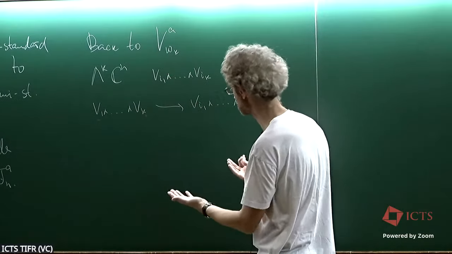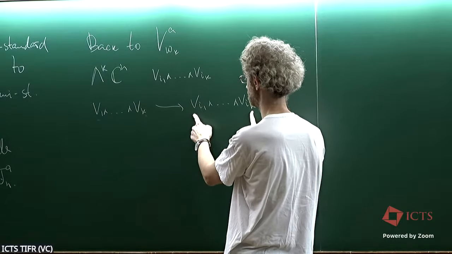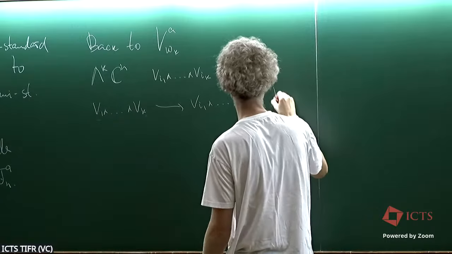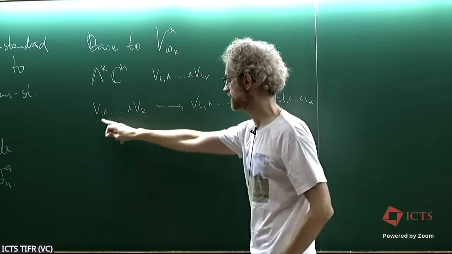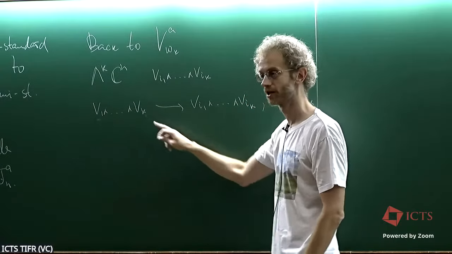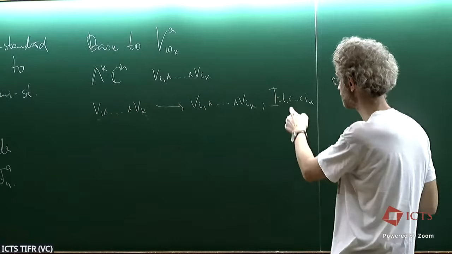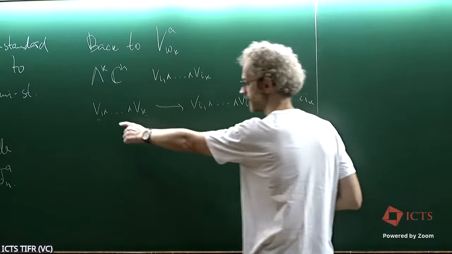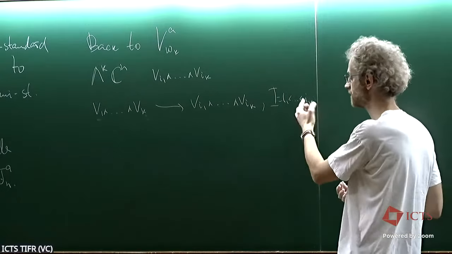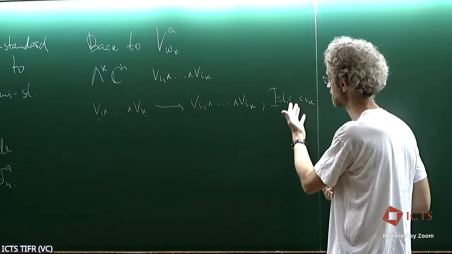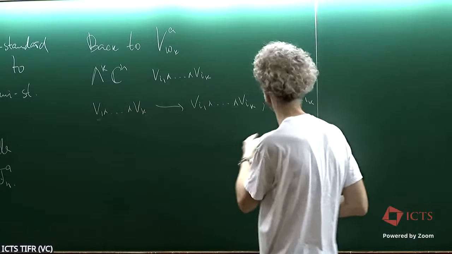So what does it mean? It means that we have this collection 1 to k, and we want to change the collection 1 to k to the collection i1, ..., ik. So how do we do this? Some of these are already inside this, so we don't have to do anything with them. And there is the remaining part, which consists of numbers larger than k, and we have to move these to here.